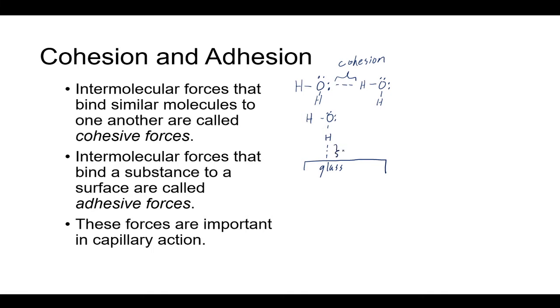This right here is adhesion. Right? So intermolecular forces that bind a substance to a surface are called adhesive forces. So the molecules are different. The molecule in glass is a silicon oxide. The molecule of water is hydrogen and oxygen. And so this is adhesion versus cohesion.